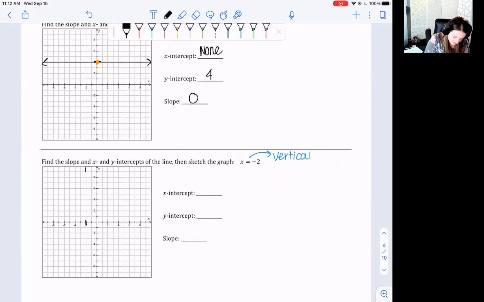And it's going to be a vertical line at x equals -2. Its x-intercept is at -2. It does not cross the y-axis, so it has no y-intercept. And then the slope of a vertical line, remember, little car would fall off. So the slope here is undefined.